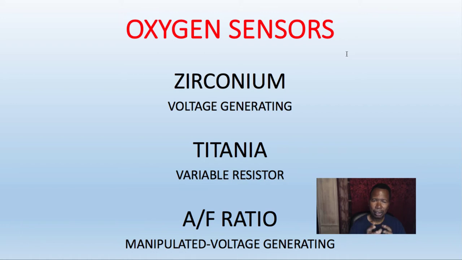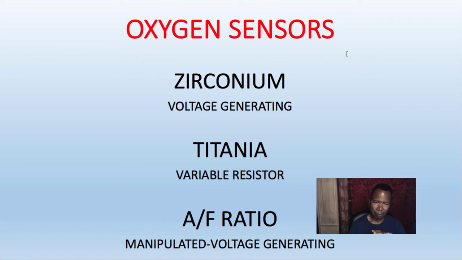A zirconium O2 sensor generates its own voltage based off O2 content. The higher the O2 content in the exhaust system, the leaner the air-fuel mixture, and the lower the voltage. The lower the O2 content in the exhaust system, the higher the voltage. The job of the PCM is to send an opposite signal back to the injectors.